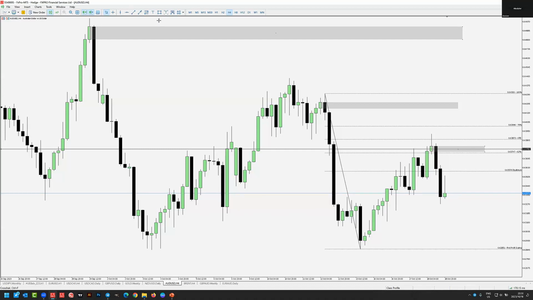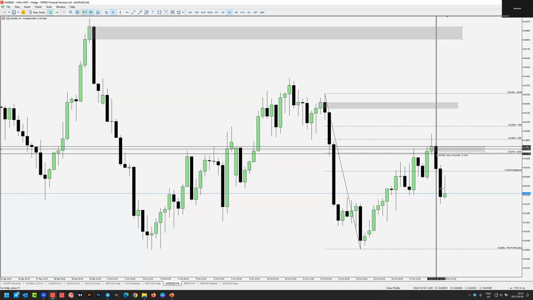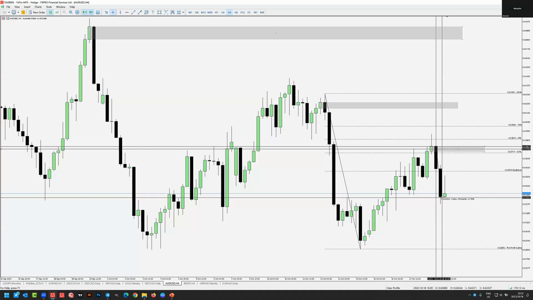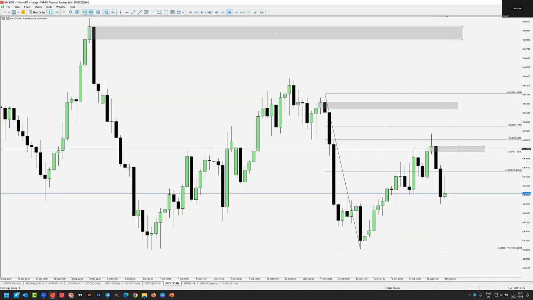You're going to be cursing at yourself, saying, oh, I missed 47 pips. The moment you do that, you're going to sell inside this current candle, which is totally the wrong place to sell.